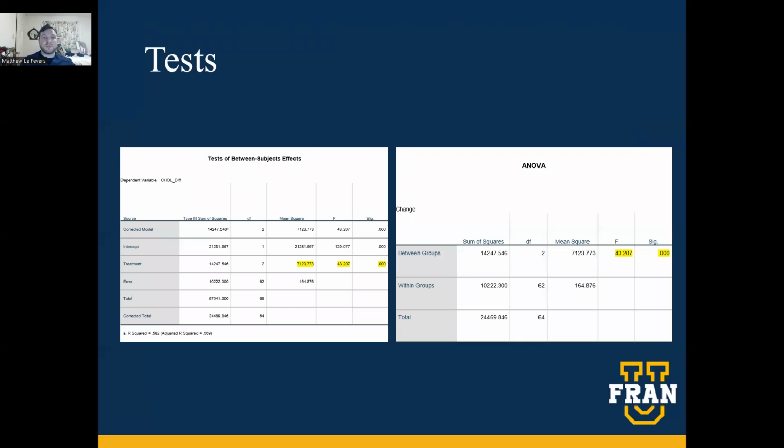Test. We perform 2 tests, tests of between-subjects effects and an ANOVA. All the significance numbers in between-subjects were 0.000, which is a p-value less than 0.001.